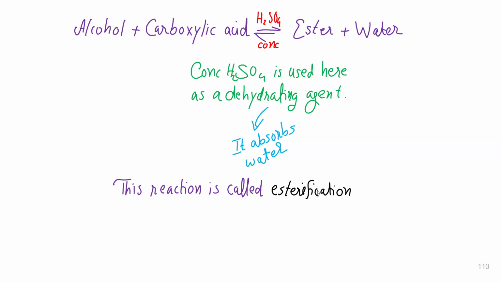So please repeat the concept. For esterification, we use carboxylic acid. We use H2SO4 as a dehydrating agent.